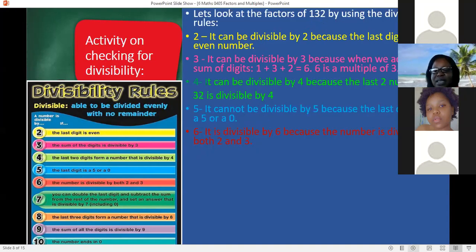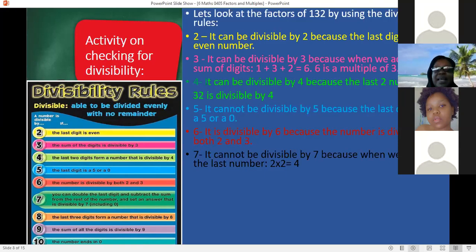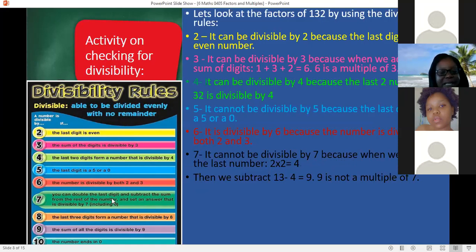And then we check, is 132 divisible by 7? We come and read the rules. It says that for a number to be divisible by 7, you double the last digit. The last digit is 2, so we double it, 2 times 2, which gives us 4. After doubling the last digit, we subtract it from the rest of the number and see if we get an answer that is divisible by 7.